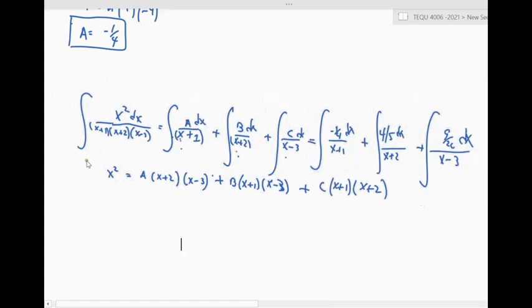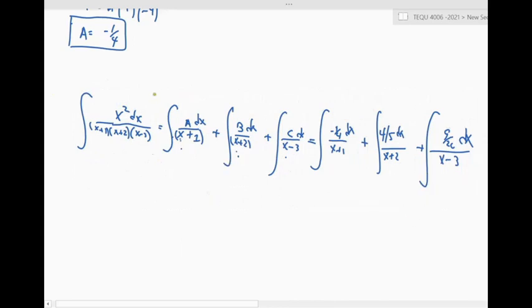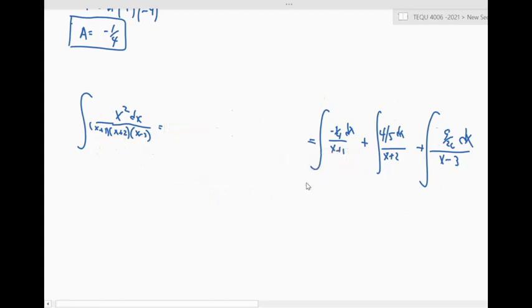All right, and let's erase what I don't need. What I'm saying is this integral here is equivalent to this one here, so I can eliminate this part in the center that I don't need and just put this right here.